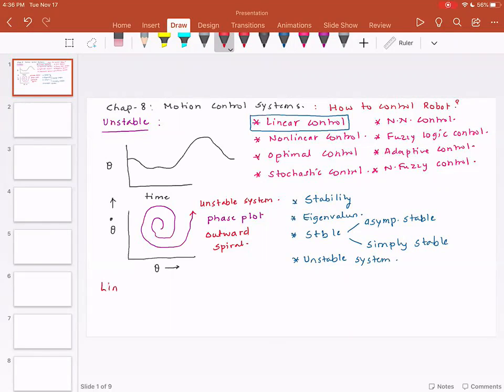Linear control is controlling the system, which is also called the plant. Sometimes the robotic system that you want to control is called the plant. So it is controlling the system or the plant by moving eigenvalues.